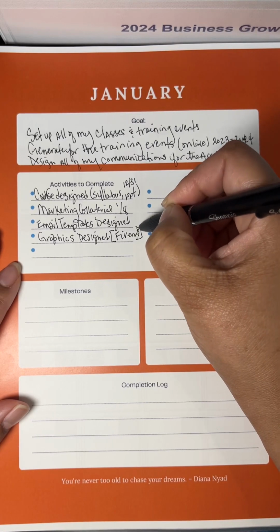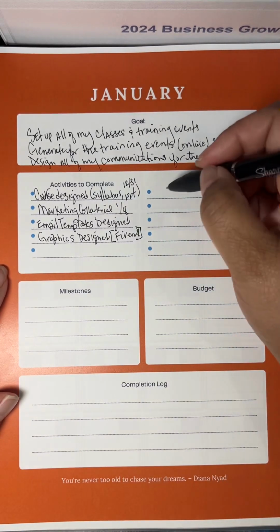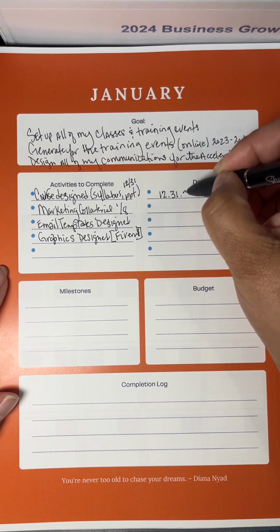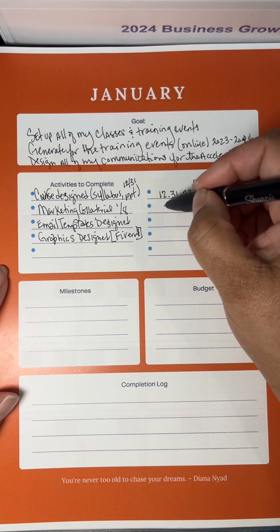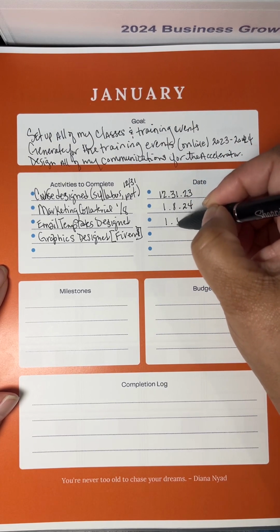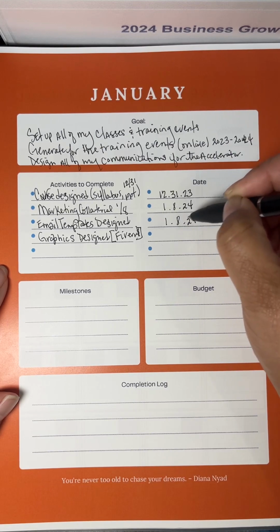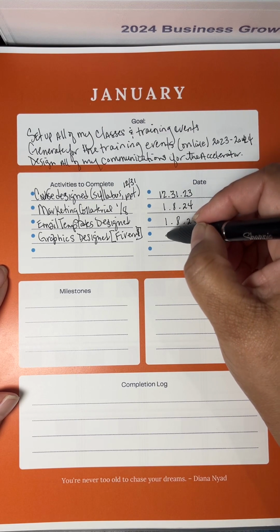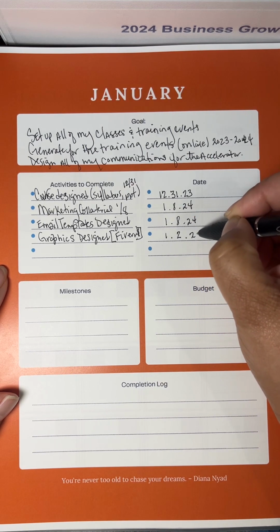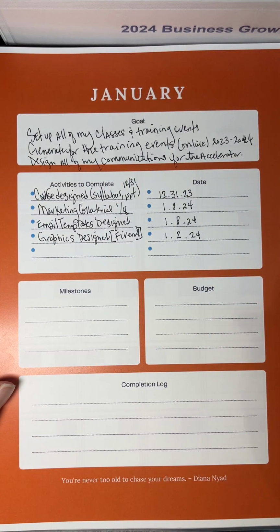Okay, so I put a $ sign beside that. And so my dates here are December 31st, 2023, January 8th, 2024, January 8th, 2024, and then I needed this to be completed prior to, so I did this on, believe it or not, January 2nd, 2024, and got those completed.